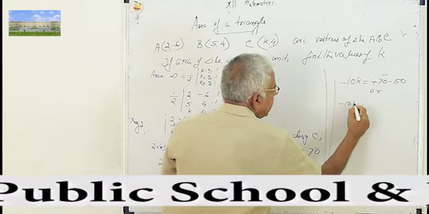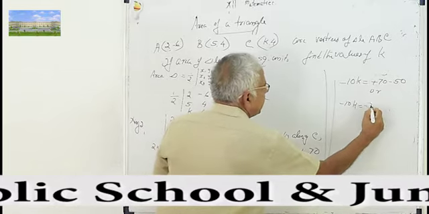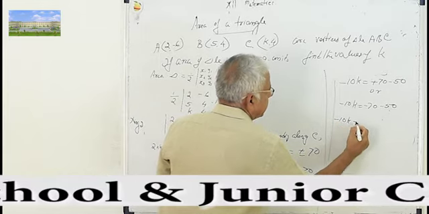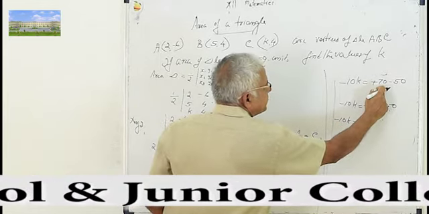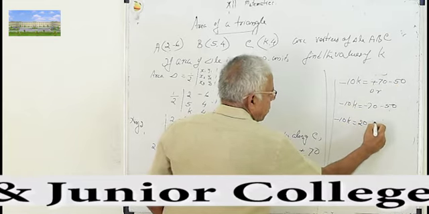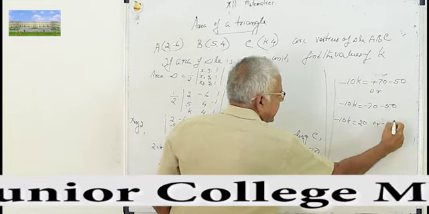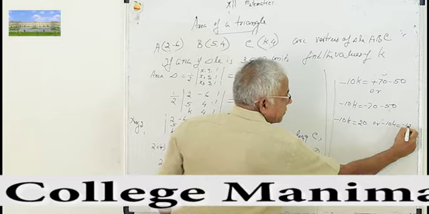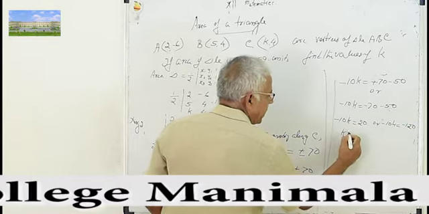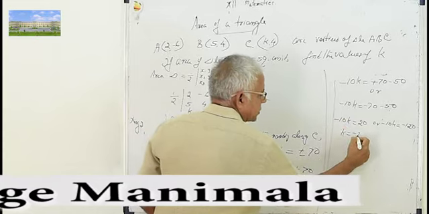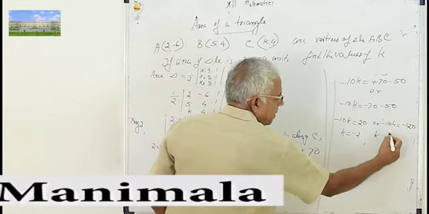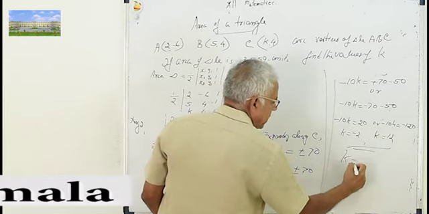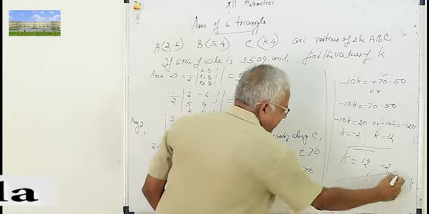Or minus 10k is equal to negative 70 minus 50, which is minus 120. So k is equal to 20 by minus 10, which is minus 2, or k is equal to minus 120 by minus 10, which is 12. So the values of k are 12 and minus 2.